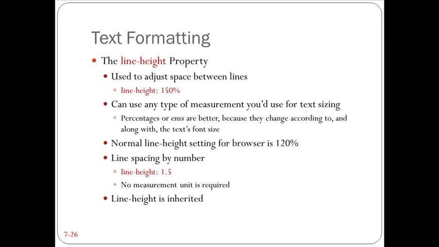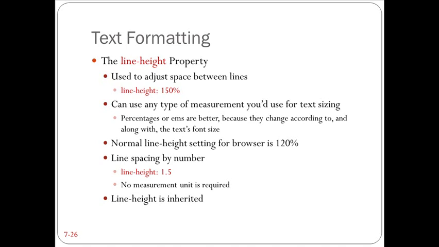That's 1.5 times what it normally is, or 1.5 EM could be used for the same thing. You can use any type of measurement you'd use with text sizing. Percentages or EMs are better. That way, if they need to, they can change according to and along with the text font size as well.